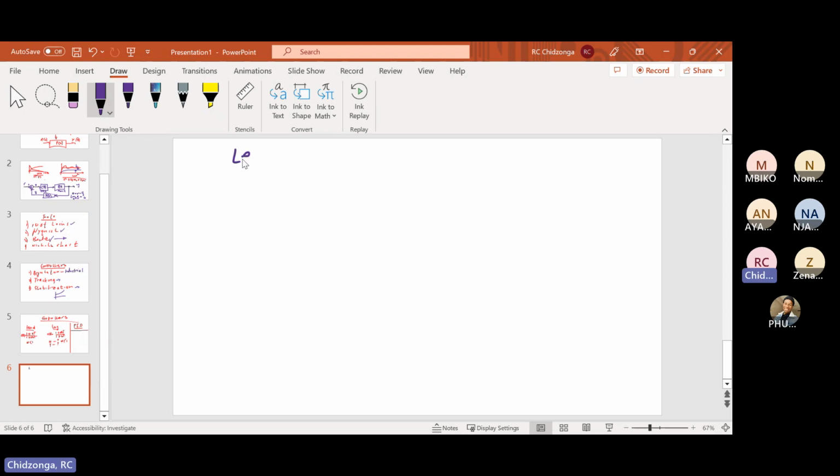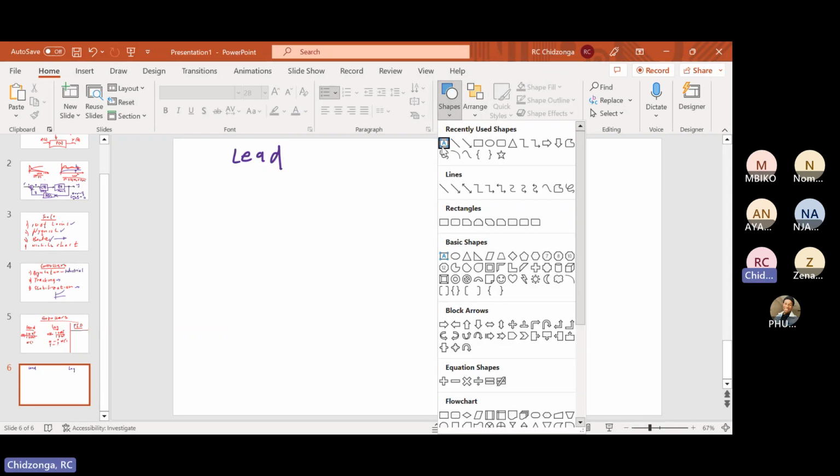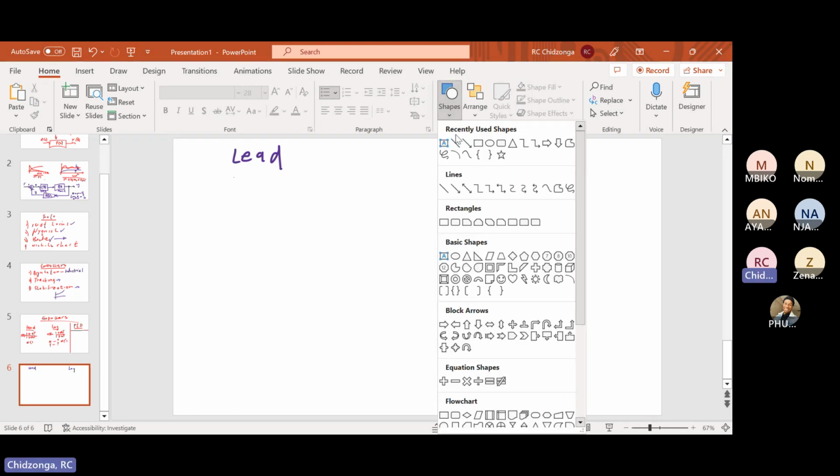The lead. This name, lead, comes from the fact that this provides a leading phase angle. That is the main difference. This provides a leading phase angle. All right?